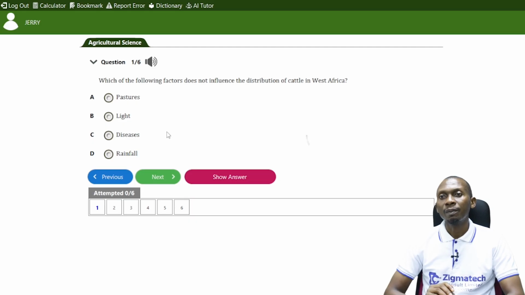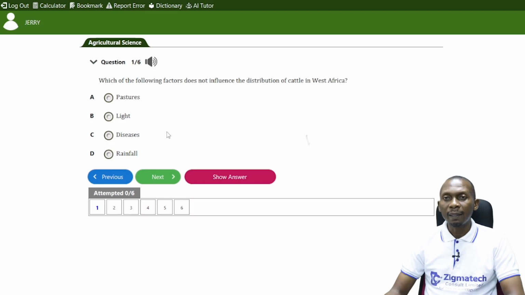So the answer should be light, because pasture can affect animal production, which has to do with cattle. Light is a physiological factor. Disease is a factor, rainfall is also an abiotic factor. Disease could affect the distribution of cattle. Rainfall could also affect the distribution of cattle. But light would not affect the distribution of cattle.